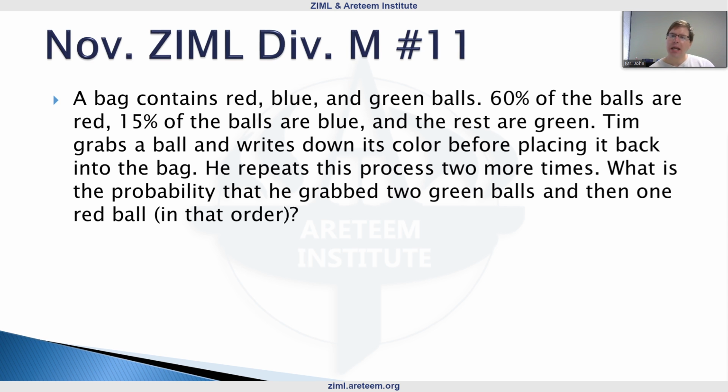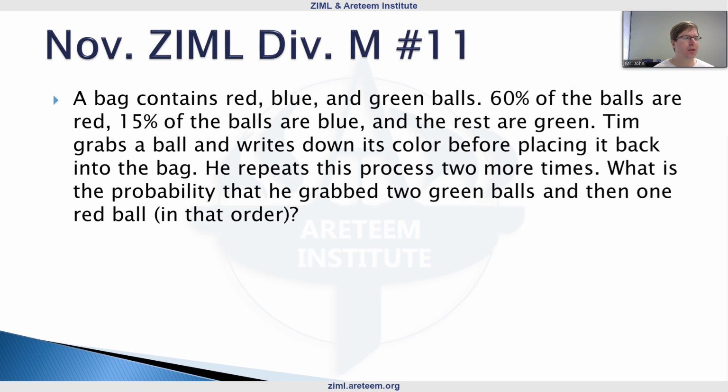A bag contains red, blue, and green balls. 60% of the balls are red, 15% of the balls are blue, and the rest are green. Tim grabs a ball and writes down its color before placing it back into the bag. Then he repeats the process 2 more times. What's the probability he grabs 2 green balls and then 1 red ball?